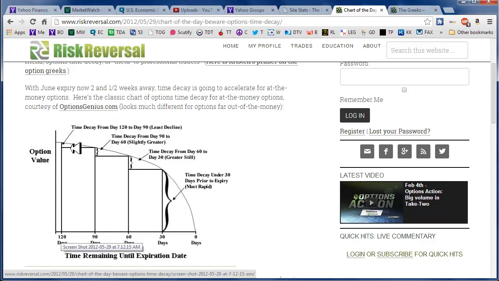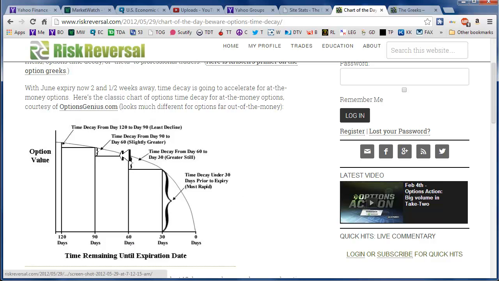You can see that after the first 30 days, with 90 days left, it hasn't lost very much value, provided that the price stays the same. Of course, if it goes deeper into the money, then theta is not going to affect it so much until the delta gets to 100, then there really is no theta.